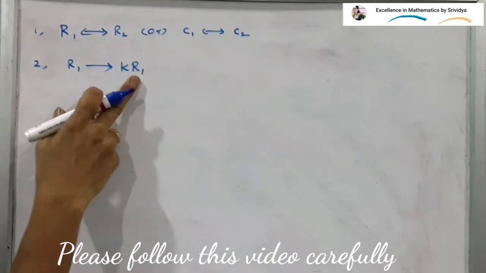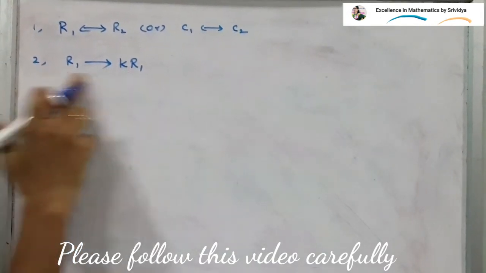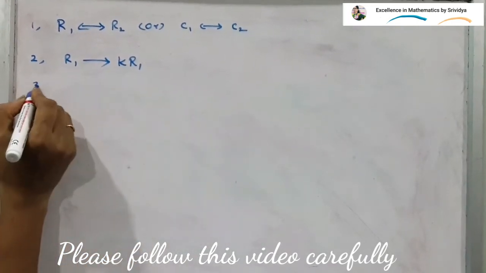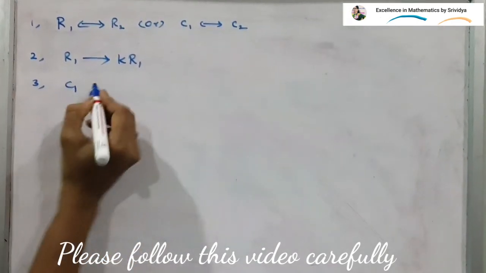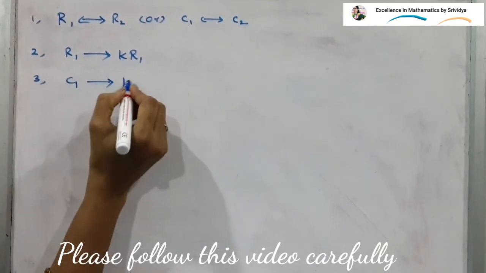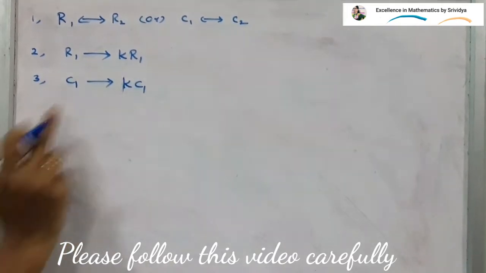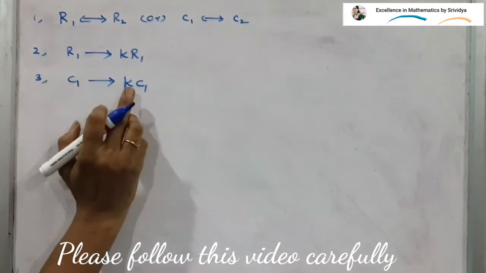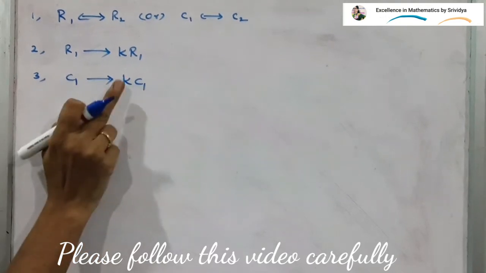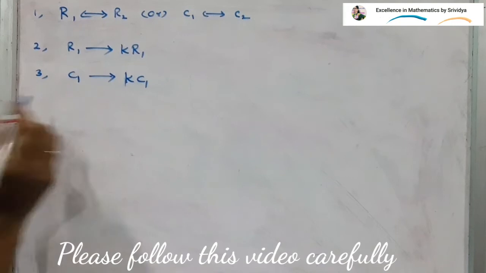That means the first row is multiplied with K in R1. Third one is suppose C1 tends to KC1. That means the first column is multiplied with K.